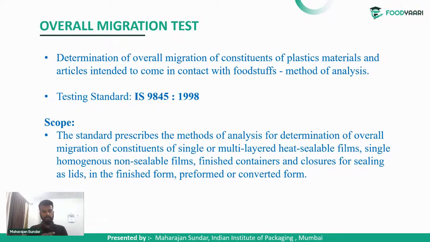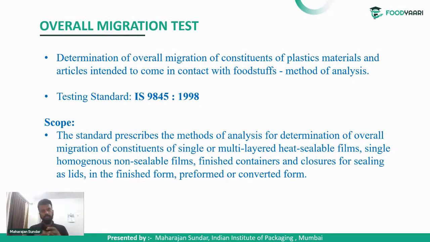These additives, such as plasticizer, flame retardants, blowing agent, there are many such additives which are involved in the making of packaging materials. These additives tend to migrate from the packaging material to the food products.